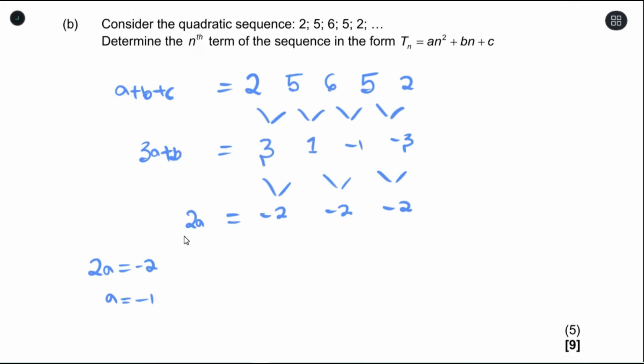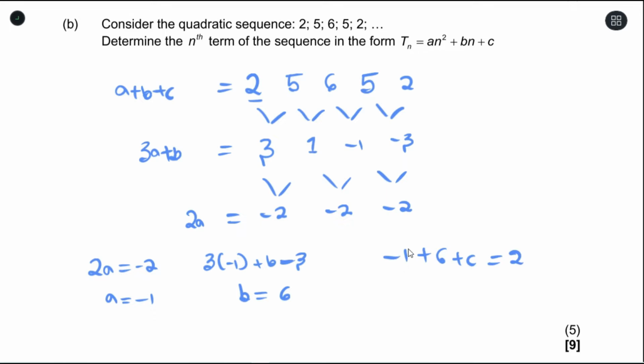Now substituting A into the second equation, we're going to have 3 times negative 1 plus B is equal to 3. So therefore, B is equal to 6 when that moves over. Then for the third one, you're going to have negative 1 plus 6 plus C is equal to the term here, which is 2, right?